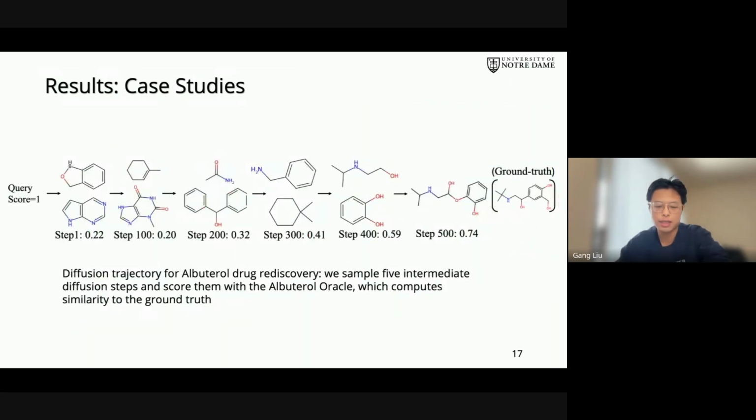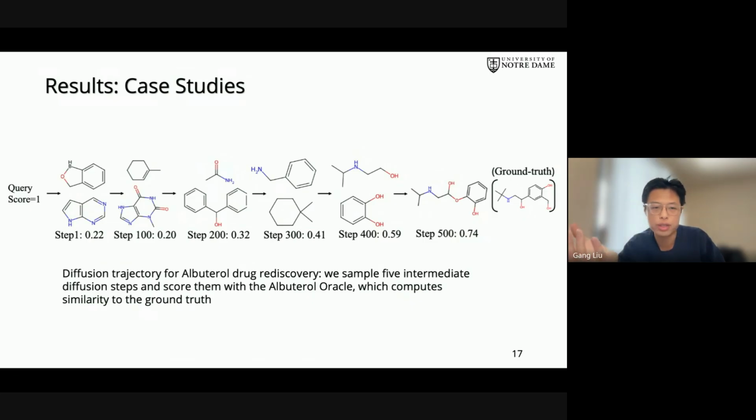And also the last case study is we visualize the diffusion trajectory in one task for drug rediscovery. So basically, we sample 5 intermediate diffusion steps and score them with the oracle. The oracle computes the similarity between the generated molecule in the diffusion process and the ground truth.